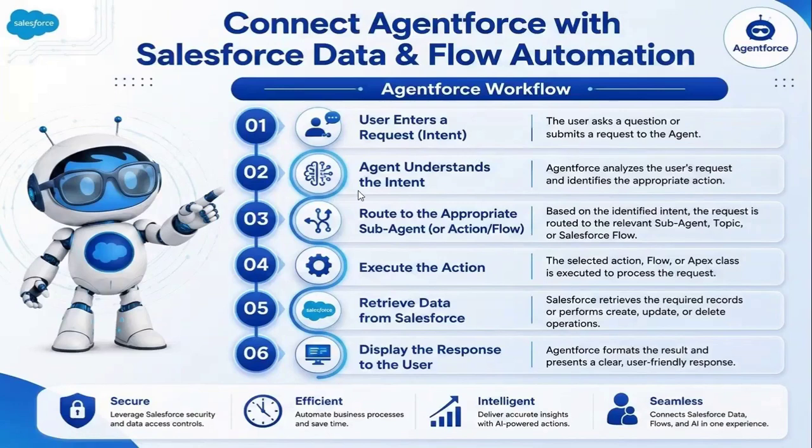After that, the agent understands the intent, meaning what is being asked or requested by the user. Then it identifies the appropriate action, routing to that particular action, meaning each agent contains sub-agents. It routes to that particular sub-agent based on the identified intent, where the request is relevant to the sub-agent or topic.